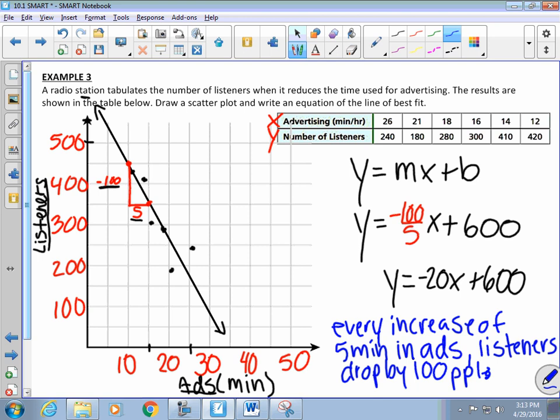And again, that's an approximation based on our line of best fit, but it is definitely clear that as the number of ads increase, the number of people decreases who are listening to the radio station there.